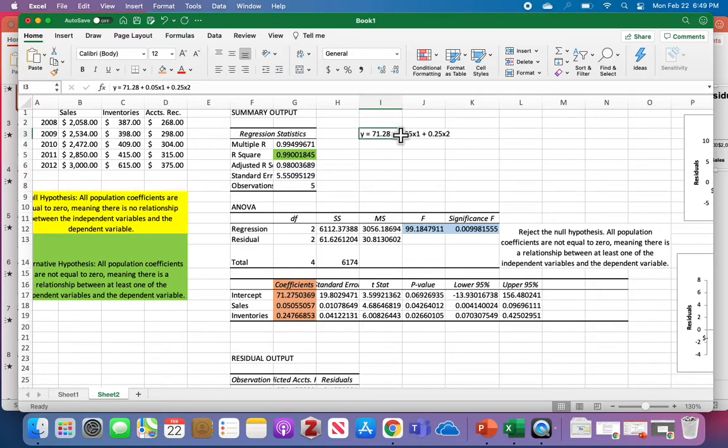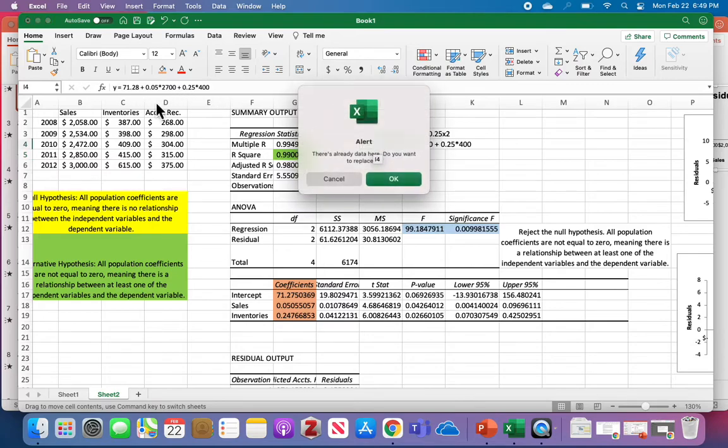So let's do sales of 2,700 and inventories of, let's say, 400.